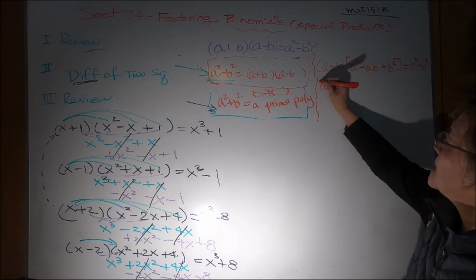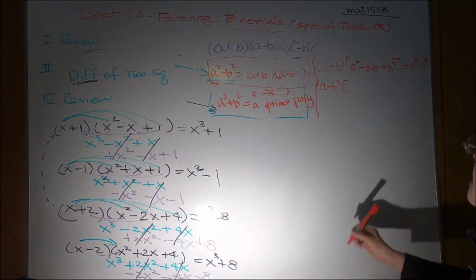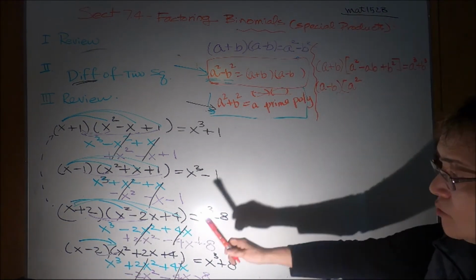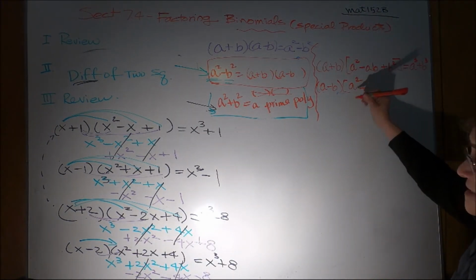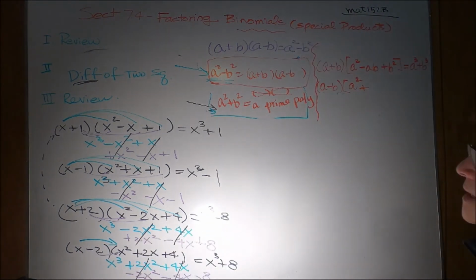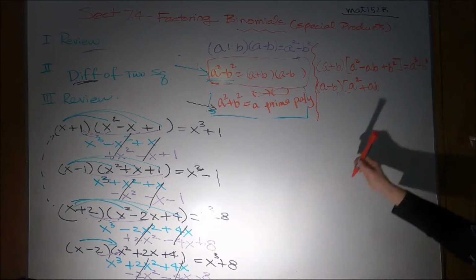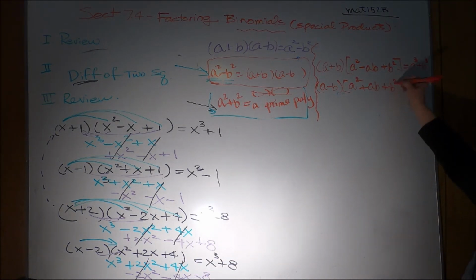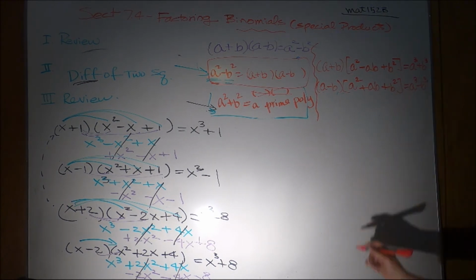If I have A minus B, if I multiply A minus B, then if I multiply A squared, right? Then opposite sign in the middle. The middle term is what? These two things multiply together. Then if I multiply another B squared, I will end up with what? A cubed minus B cubed.